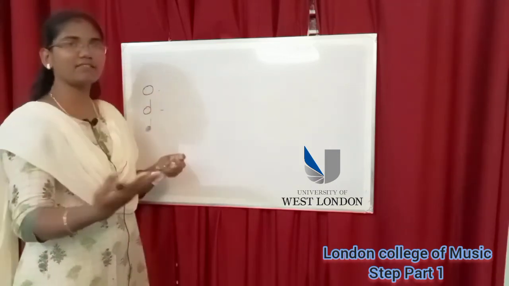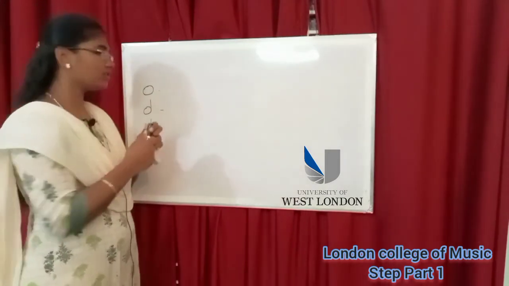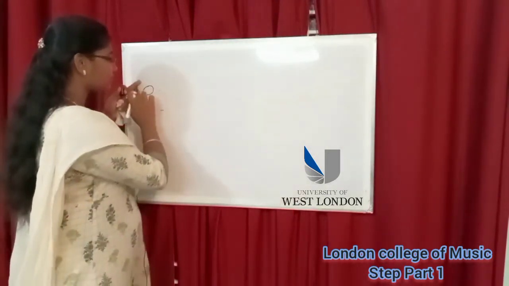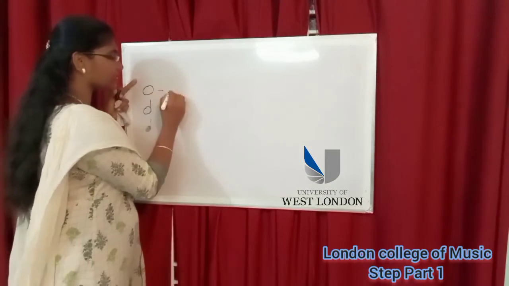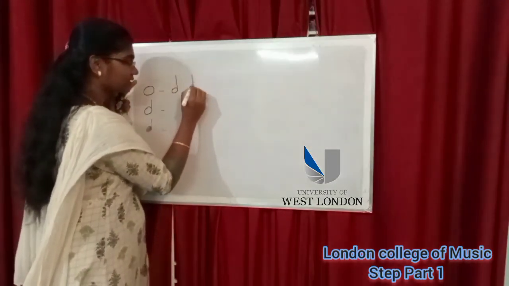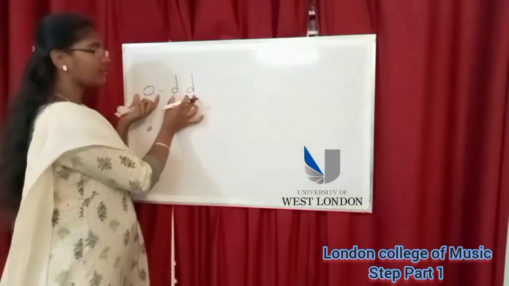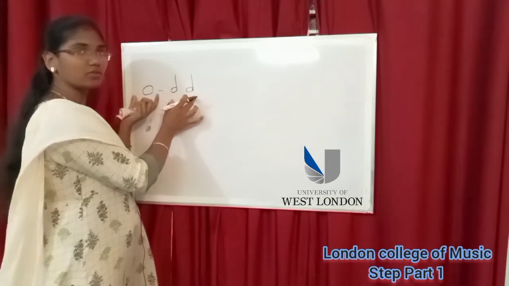Easily we can say the whole note has 2 half notes. So the whole note is equal to 2 half notes. Instead of this note, we can write these 2 notes.